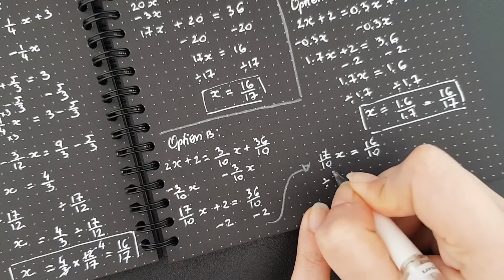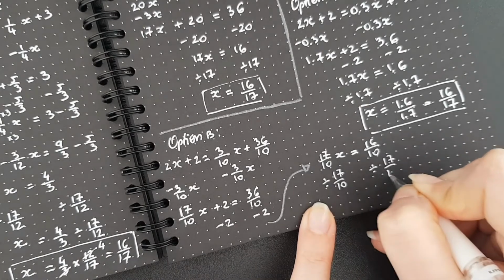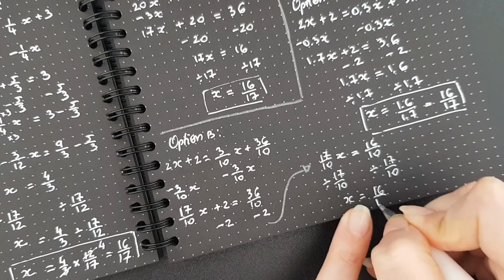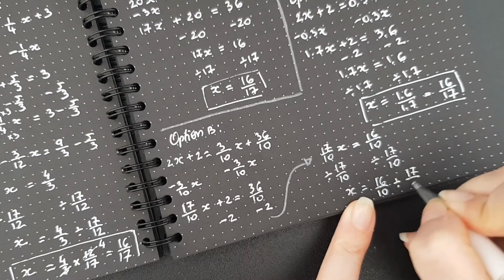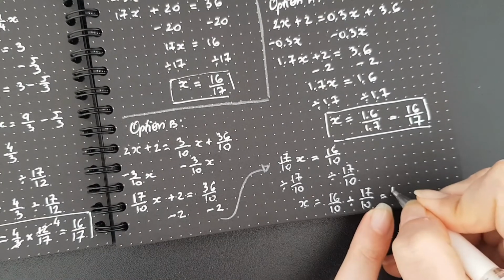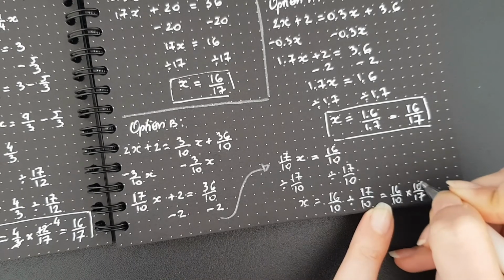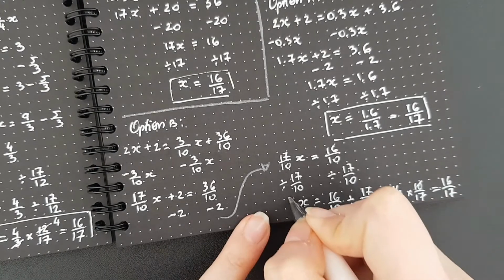Now I'm going to divide by 17 over 10. So I've got x equals 16 over 10 divided by 17 over 10. I'm in such an extra mood for some reason. Got exactly the same thing as I was supposed to.